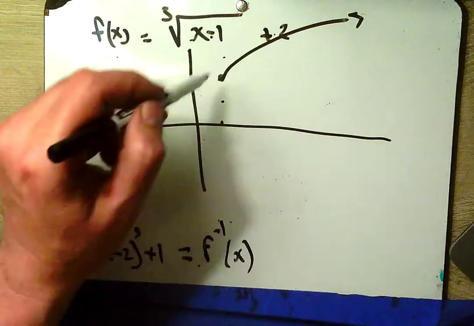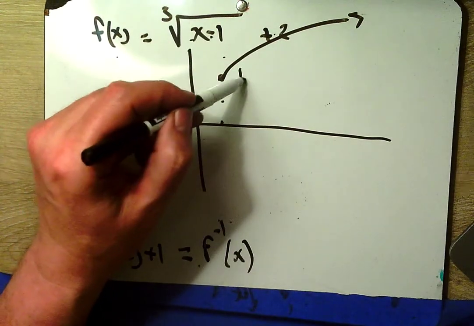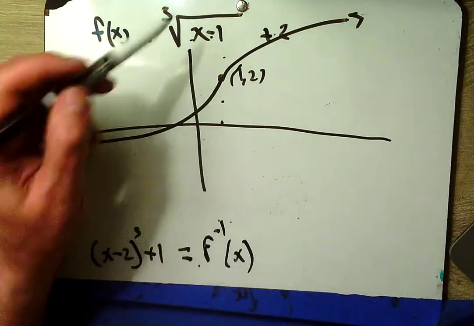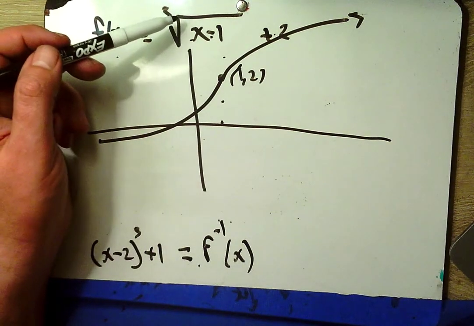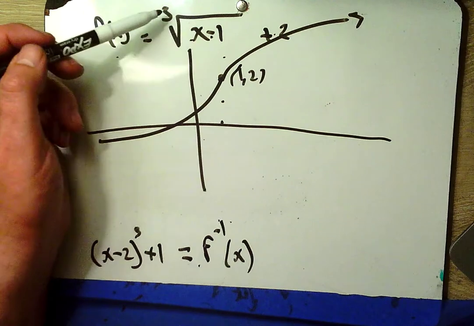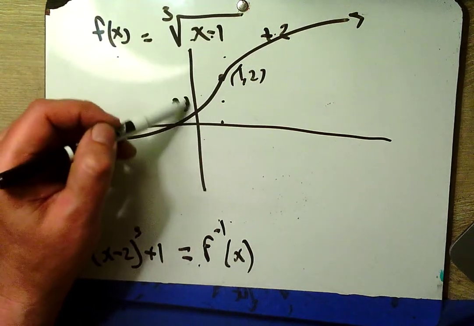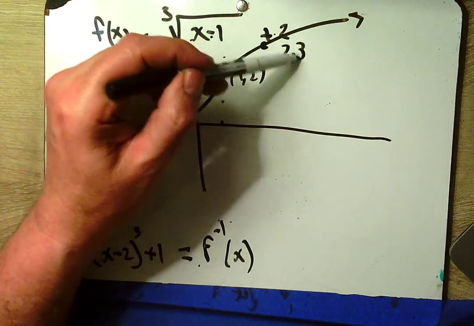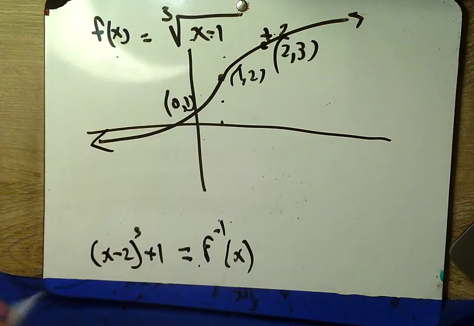And that's 0, 1 there, 1, 2, and 2, 3. So there's my cube root function.